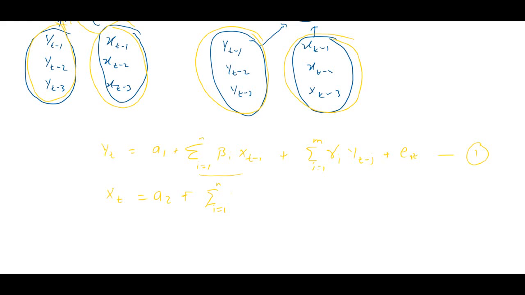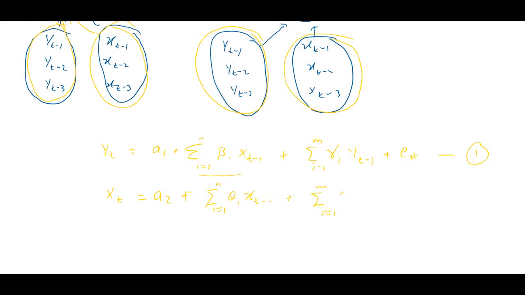Beta i has already been taken, so we write theta i and xt minus i, plus summation j from 1 up to m.